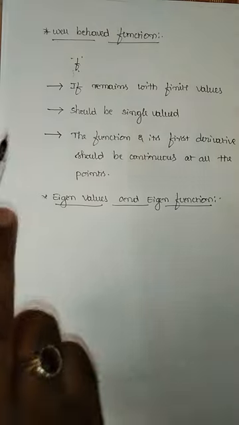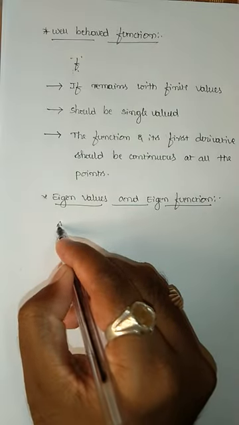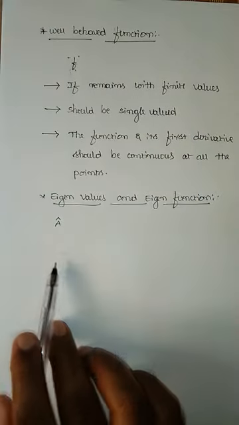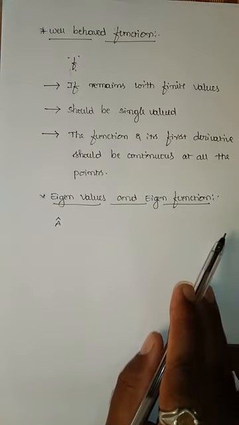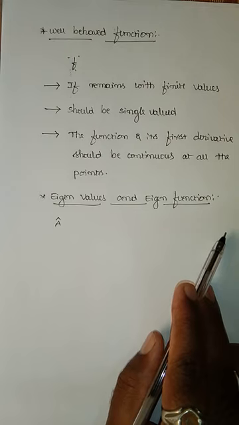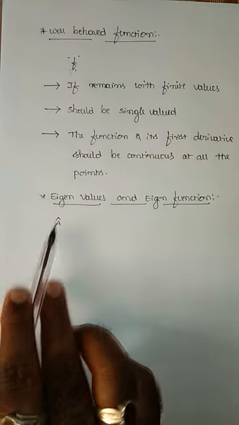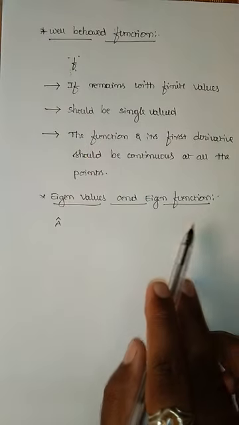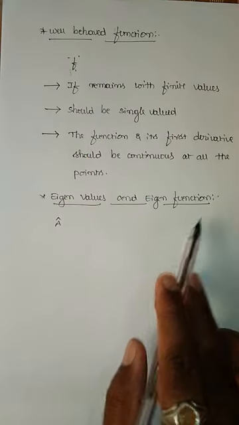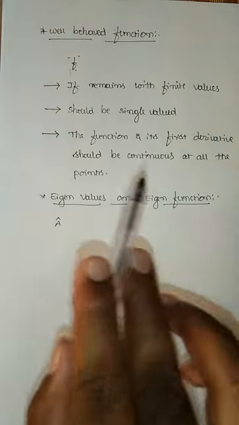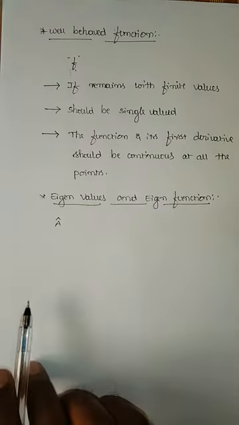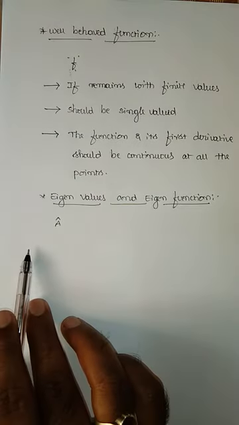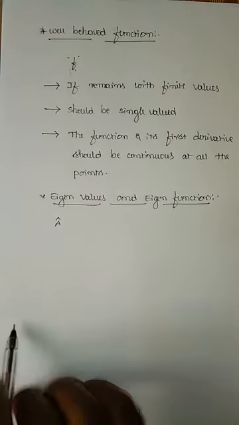But here, when an operator, say A cap, operates on a well-behaved function f, it should give the same function once again, provided that function is multiplied with a constant. Then the equation we get will be called an eigenvalue equation.